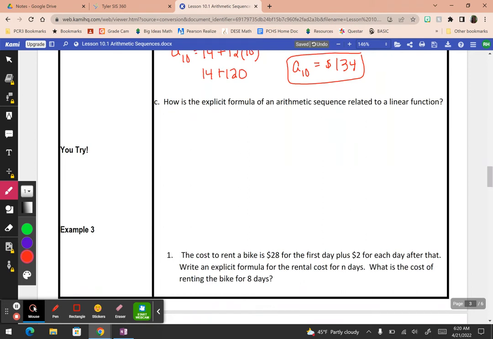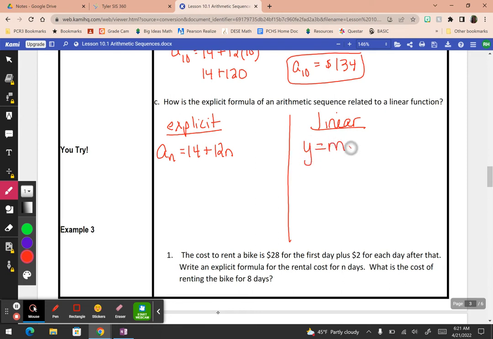Okay? So how is the explicit formula of an arithmetic sequence related to the linear function? Well, if you looked, we had explicit here, right? And we had a sub n equals 14 plus 12n, right? Well, hopefully that is reminding you of our linear equation, which looks like this: y equals mx plus b, right?